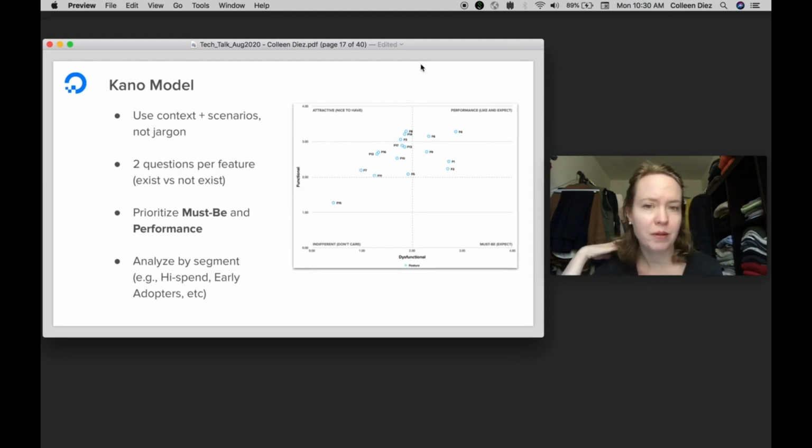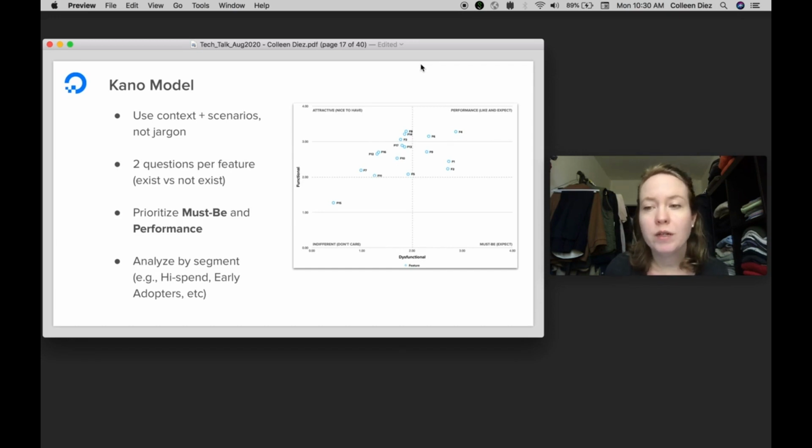This is an example of how the results might look. This is one that we ran here at DigitalOcean. It's really important for the Kano model that you use context and scenarios instead of industry jargon when you're posing the questions.